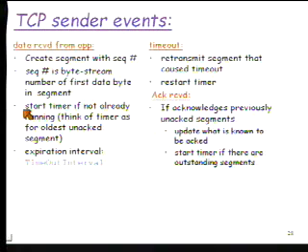If a timer is not already running, you're going to start a timer. So TCP implements only one timer. You can think of it as the timer running for the oldest unacknowledged segment. If a segment is out for which you have already started the timer, then you don't need to restart the timer.